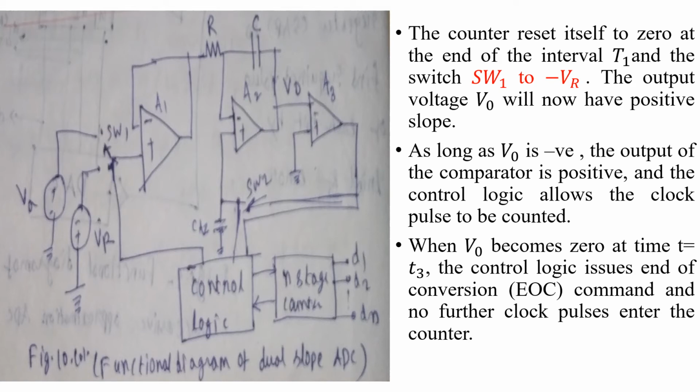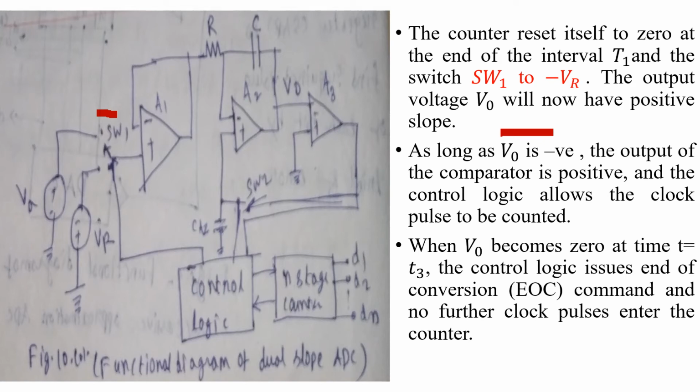Now what happened? Switch SW1 is connected to VR in place of VA. Now the output will have a positive slope because it is minus VR and minus 1 by RC, so overall it is positive. As long as V0 is negative, the output of the comparator is positive, so the counter will go on.